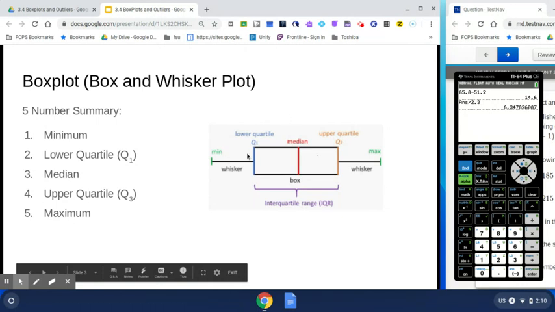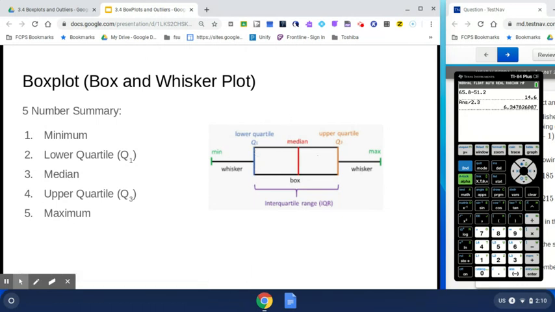So we can see that the box contains quartile 1, the median, and quartile 3. And then the whiskers extend out to the min and the max. That interquartile range that we talked about in the measures of variability section is the difference between the quartiles. Quartile 3 minus quartile 1 would give us that IQR.